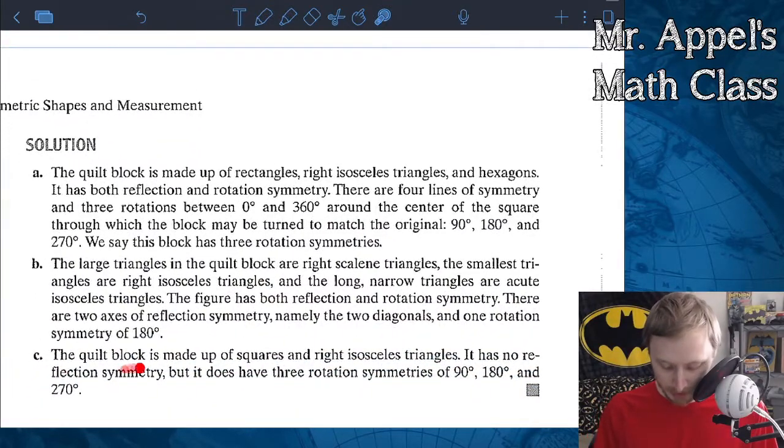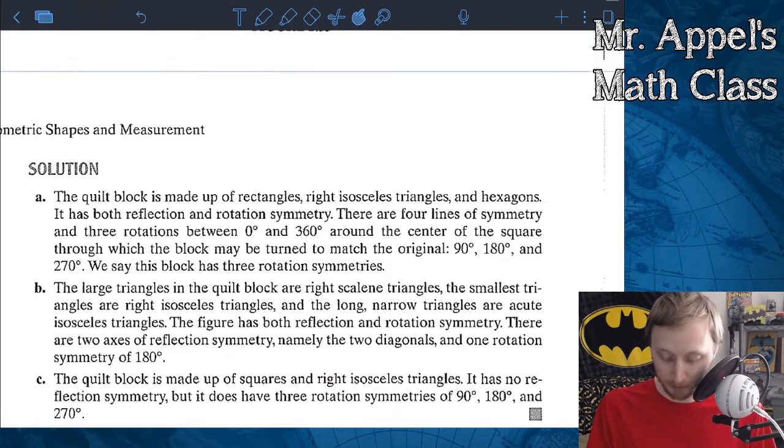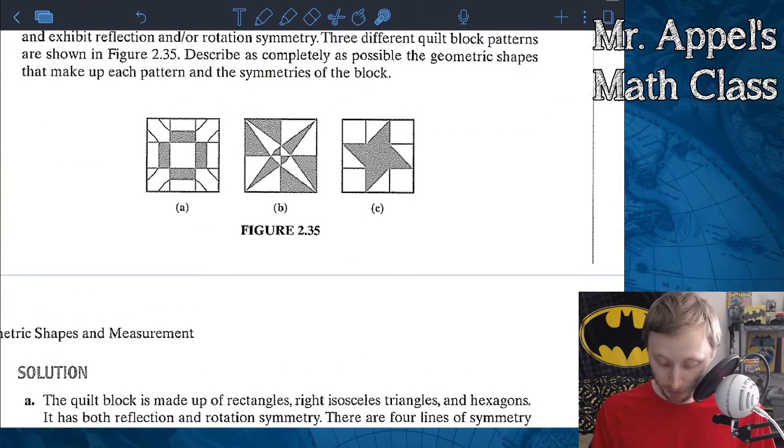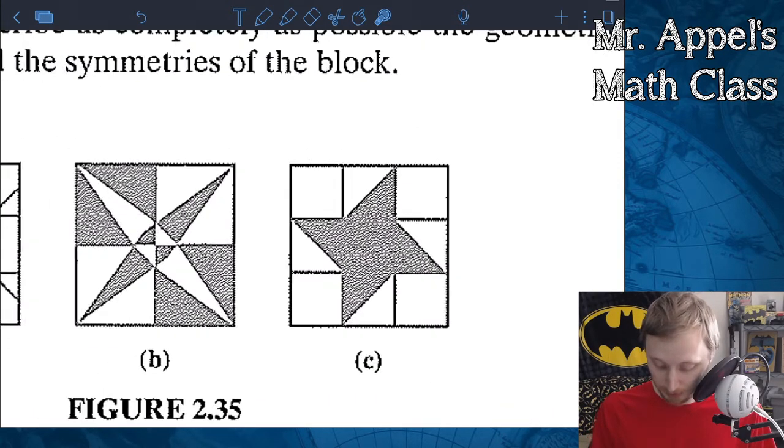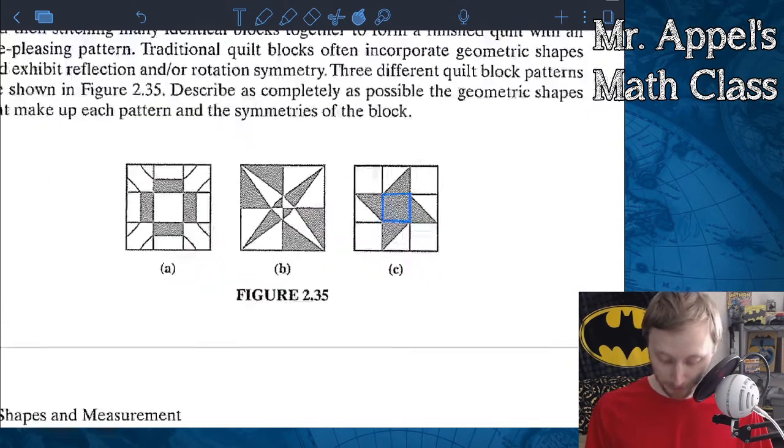Finally, quilt block C is made up of squares and right isosceles triangles. So we've got squares here and then right isosceles triangles, and it's not super evident, but you could create a stitch inside here and divide this pinwheel shape up into squares and triangles, and that is in fact how they would have composed this were this a real quilt square.